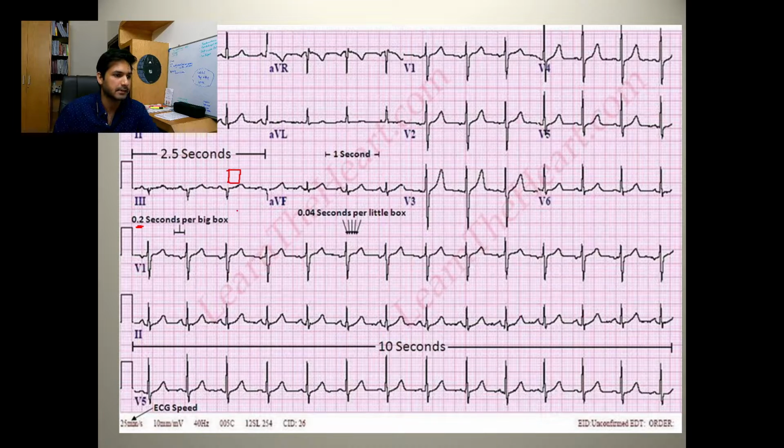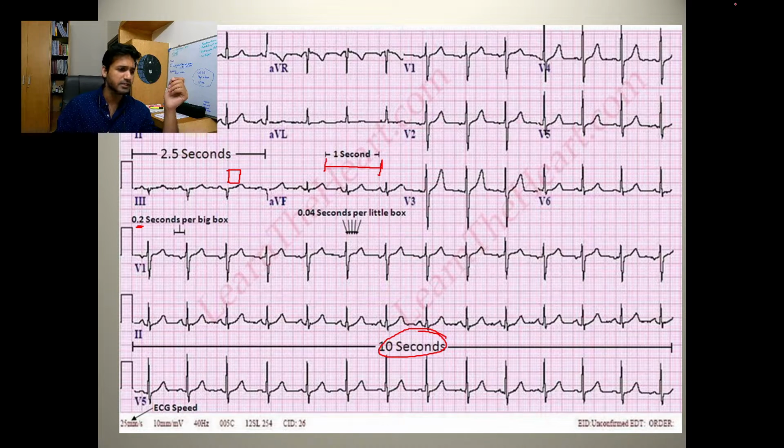So 5 of these would be 1 second long. Usually, whenever you are provided an ECG strip, it's 10 seconds long. Now it doesn't have to be. It can be a 6-second strip, a 4-second strip, or a 10-second strip.